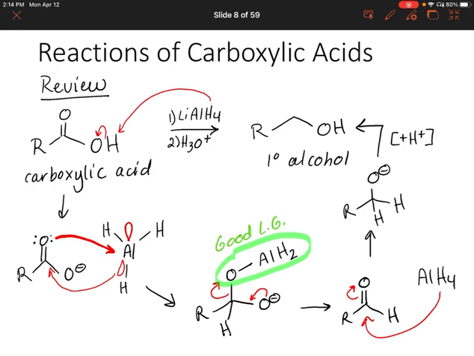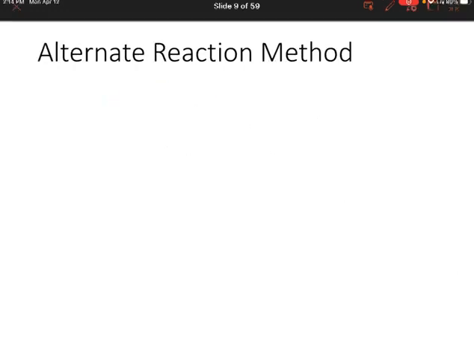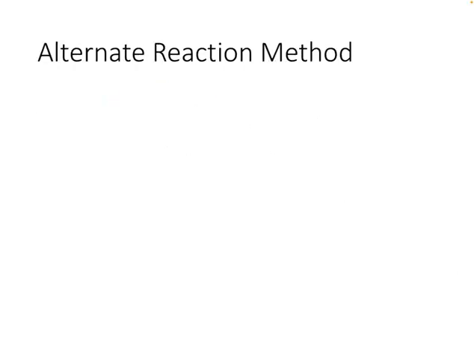Now, there is an alternate method that we can use to turn a carboxylic acid into an alcohol. So this method involves using borane. So remember, this is borane tetrahydrofuran.